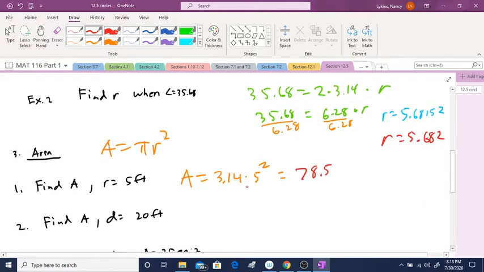Okay, what about if you find the area if you know the diameter? Well, right off the bat, if I see diameter, I know the radius is half, which is 10 feet.